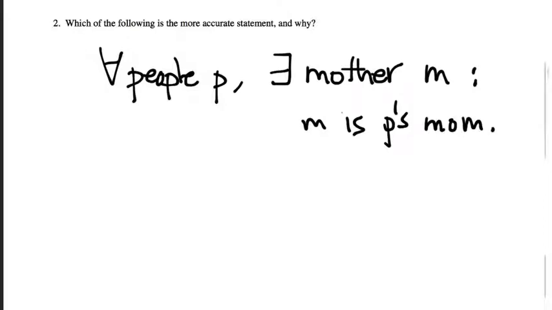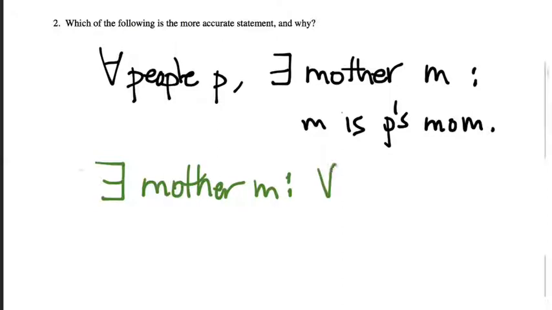Right? So there's one statement, but then what happens if I reverse the quantifiers? There exists a mother, M, such that for all people P, M is P's mom.